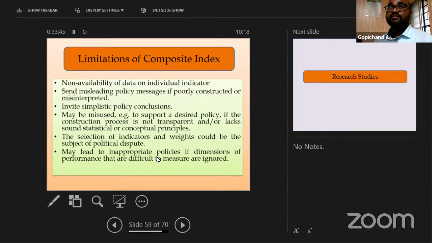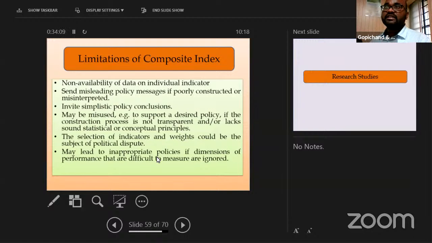We may miss some indicators, and then it won't properly measure the intention behind the measurement. Selection and weightage could lead to political disputes. Most probably three years back, it seems GDP indicators were changed.